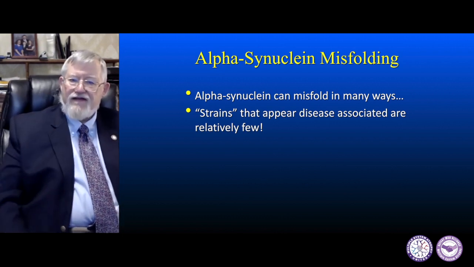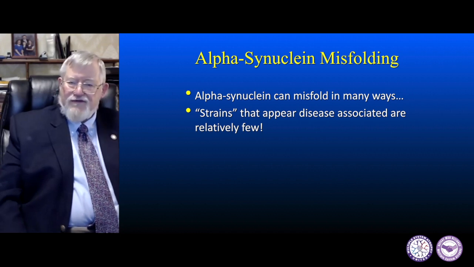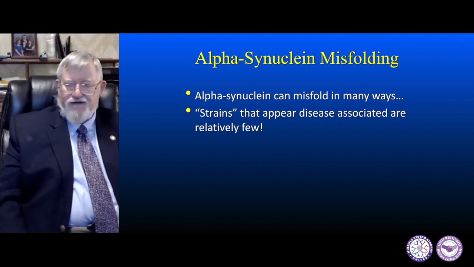Now, the thing about alpha-synuclein misfolding is it can actually misfold in many ways. And as we saw in that slide with the little geometric things, there were a whole bunch of different geometric shapes, only two of which were aggregating to cause a particular type of aggregate that we were saying, well, this could be related to one disease and that could be related to another.